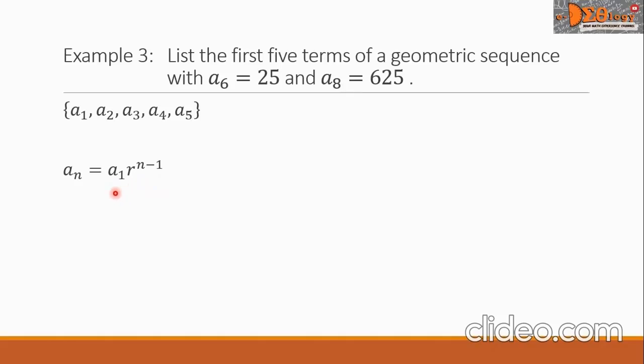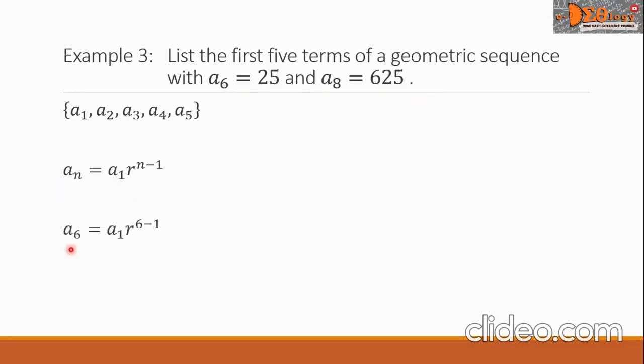But these values are not given in the problem. So let us derive the first term and the r based on the given a sub 6 equals 25 and a sub 8 equals 625. Let us begin with a sub 6. Let us write this a sub 6 with respect to the general term formula.